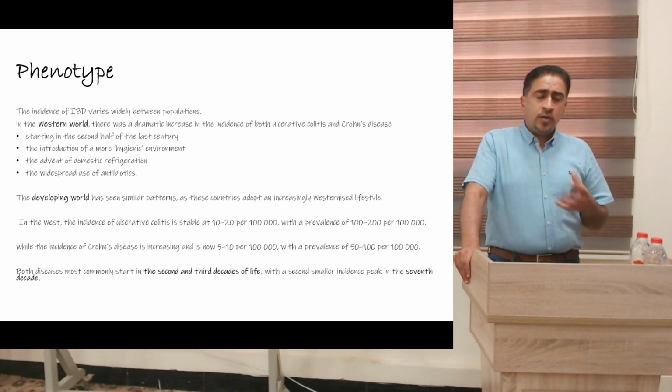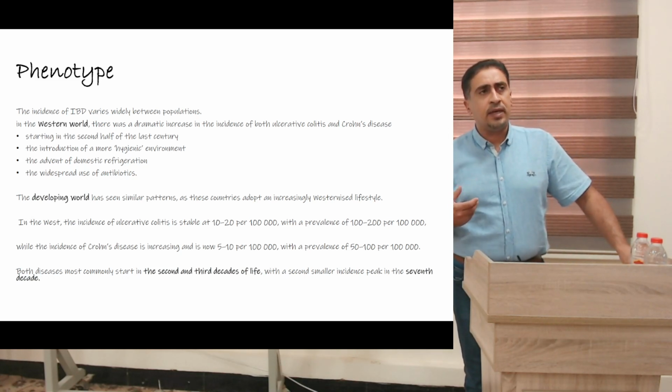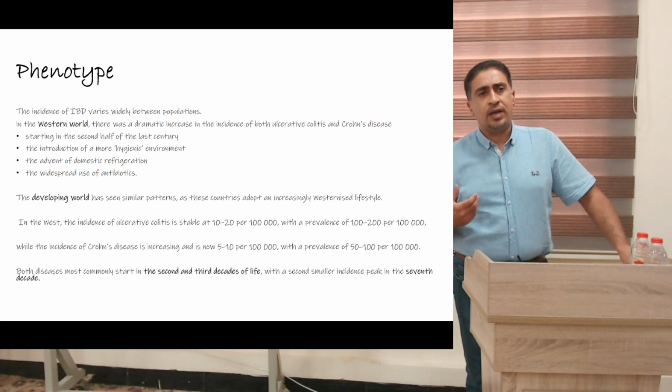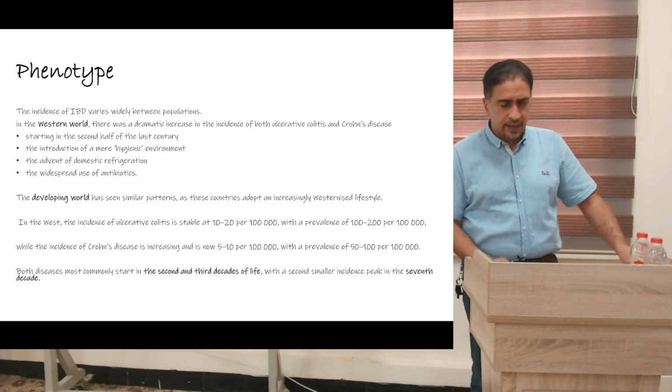Both diseases occur most commonly in the second and third decade, so the young age group has the peak incidence. And there is a late incidence peak in the elderly age group in the seventh decade.